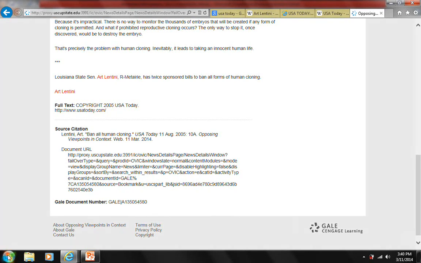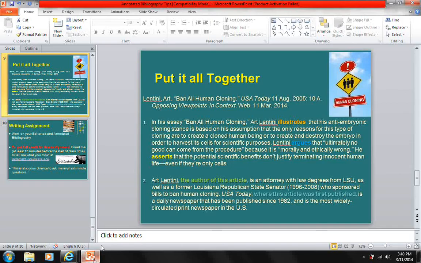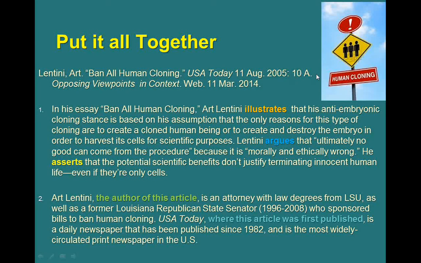To explain what I mean a little better, remember on your Works Cited, for example, here this goes to 10A. So that's the page number. And then we wrap down to the second line.